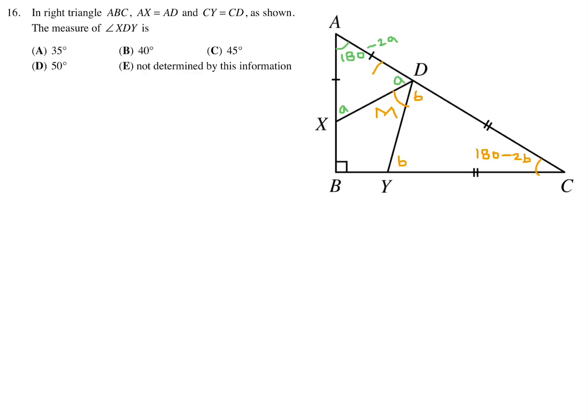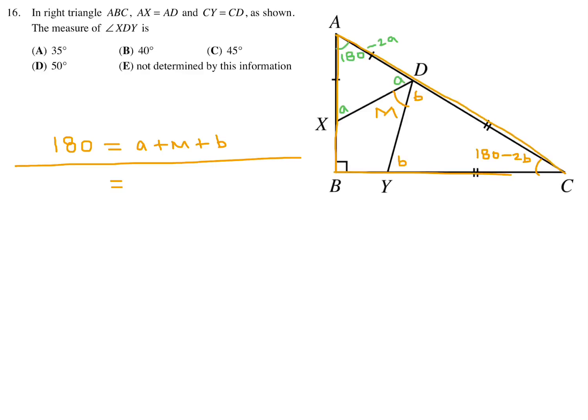So that means that all the angles about a line are equal to 180. So that means 180 is equal to A plus M plus B. So that is our first relationship. Now our second relationship involves the entire triangle.